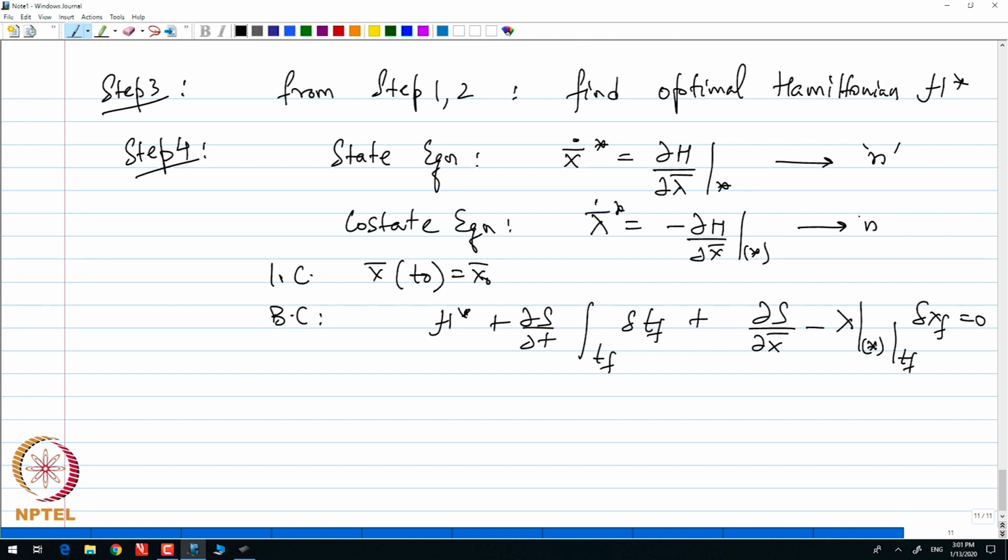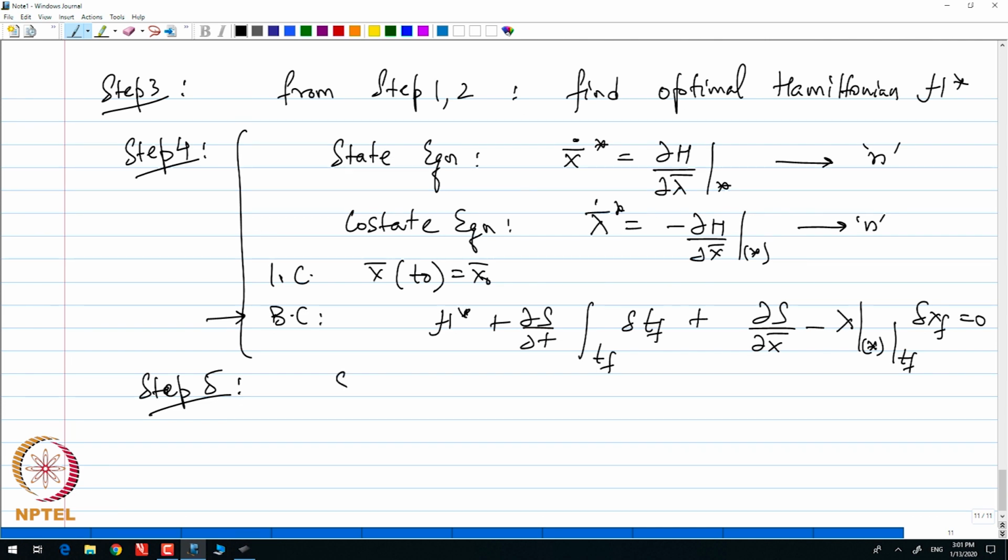Notice that these are n vector equations, but first order, and these are another n equations. So, we are solving 2n plus 1 equations, the last one being this boundary condition. After the solution we have found all the variables, the state and the co-state, and then we plug them back into step 2.